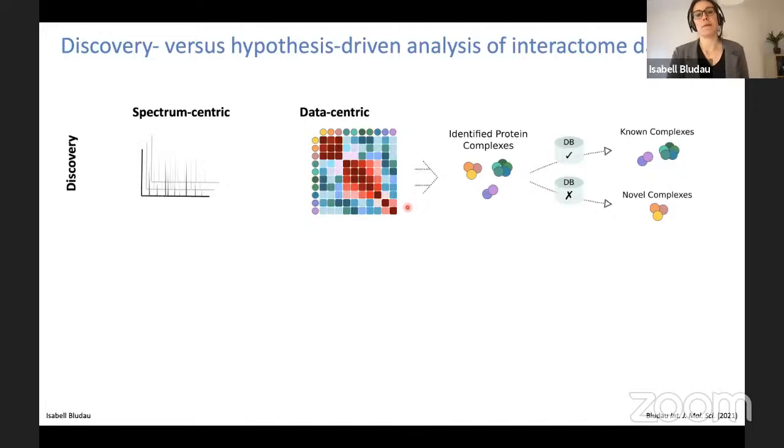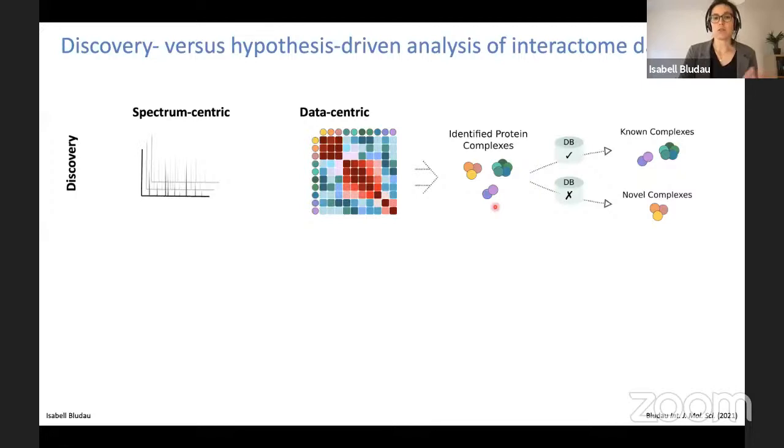What you might see is that there are actually clusters of highly correlated proteins. We can find these clusters and group the proteins into complexes. Then we can check in a database whether this complex has been annotated before, and these would be the known complexes. If they haven't been annotated before, we could identify novel complexes.